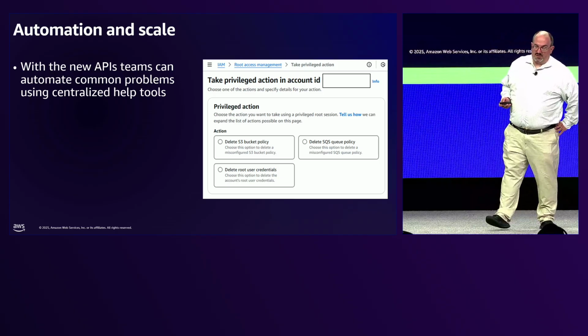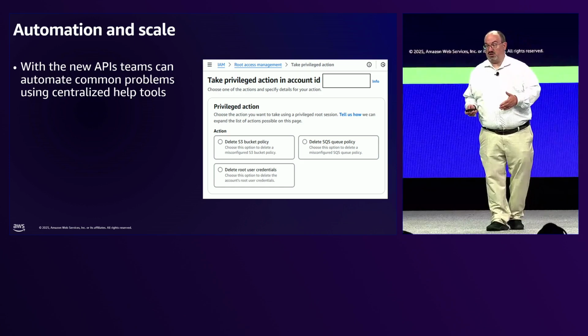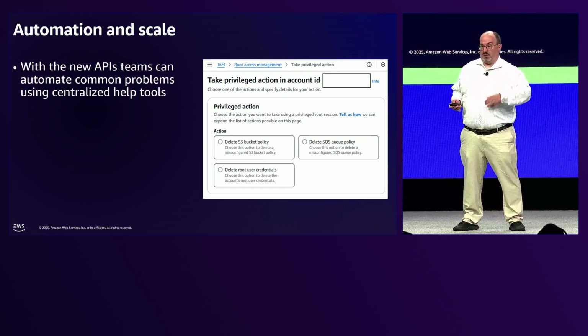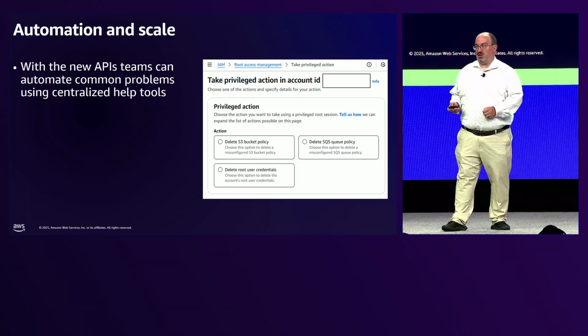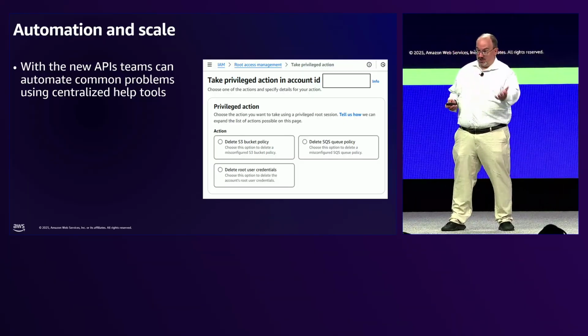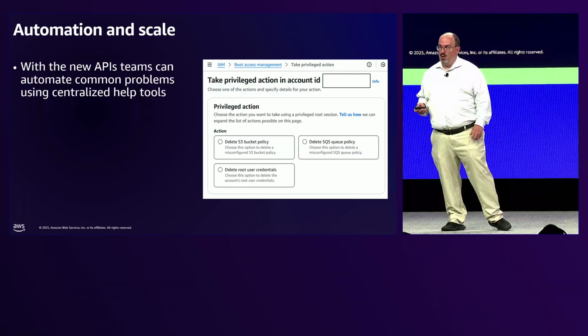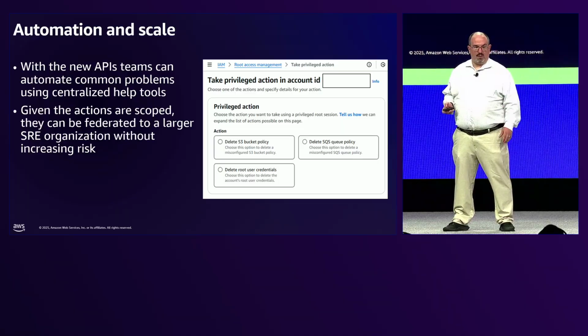The big advantage of this as well is you can start to automate things. Taking the S3 or the SQS example, if that's something that commonly happens in your development environments, you can switch from having a human being manage it to providing, say, SSM automation documents that can assume root from the centralized account or the delegated account, to allow application teams to unlock their own bucket or their own SQS with a default policy. So you can federate that out larger.